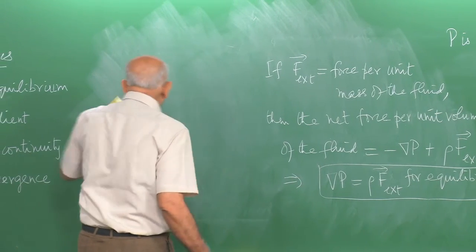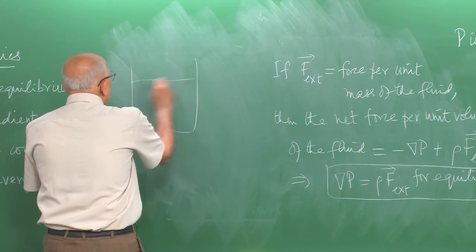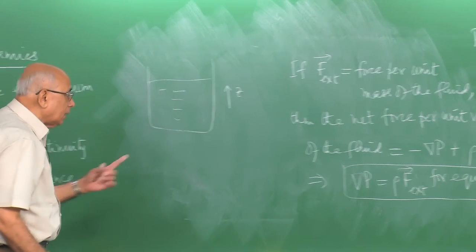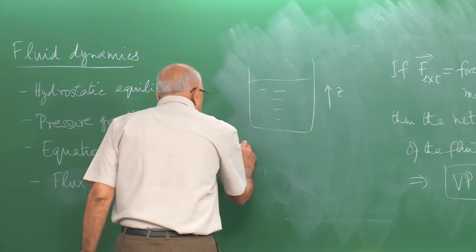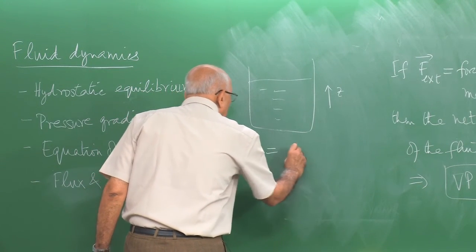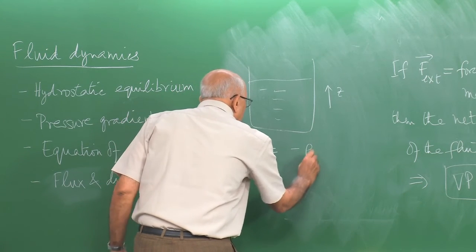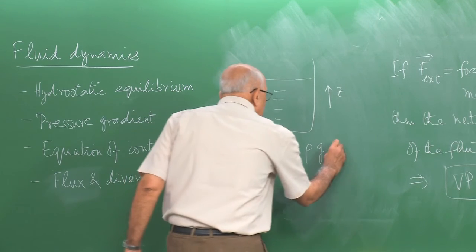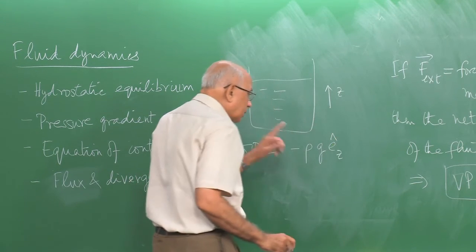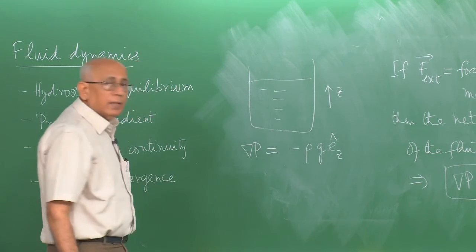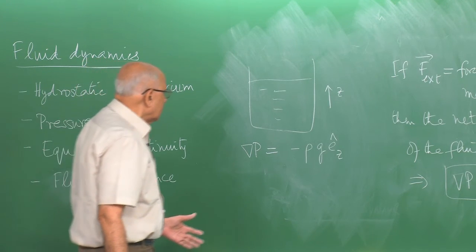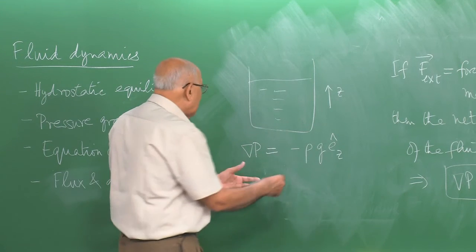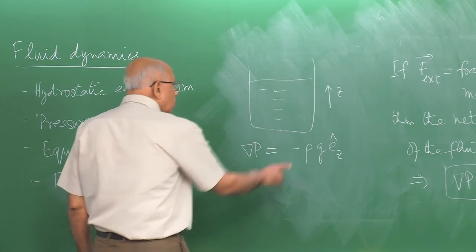Now immediately you see that when you have a fluid under gravity, so let us put a fluid in a container and this is the z direction, under gravity, then we see that gradient of P would be equal to minus the density of the fluid times g, because that is the force in the vertical direction pointing downwards, so the minus sign. But this quantity has an x component, delta p over delta x, delta p over delta y, the y component, etc., and those are 0.